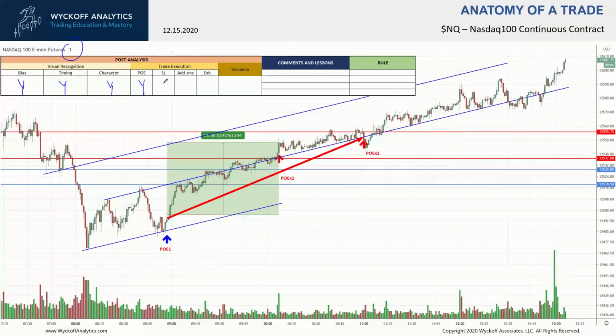I like the idea of your exit on that climactic bar. I like that too. And I understand moving your stop, and I understand what your rationale is.